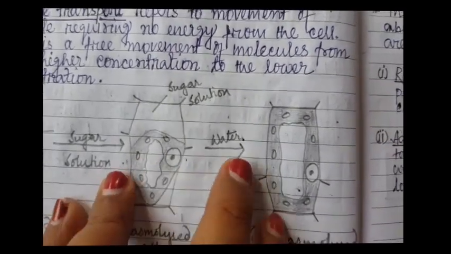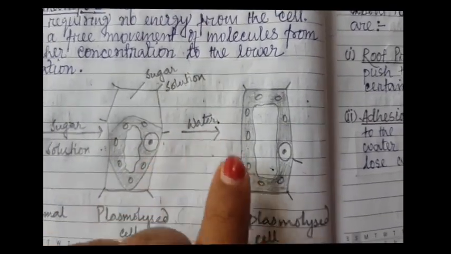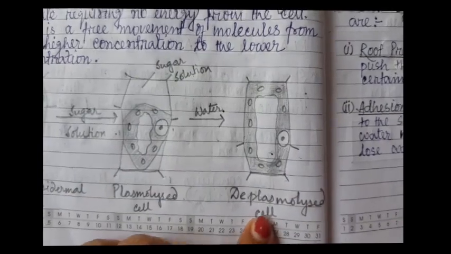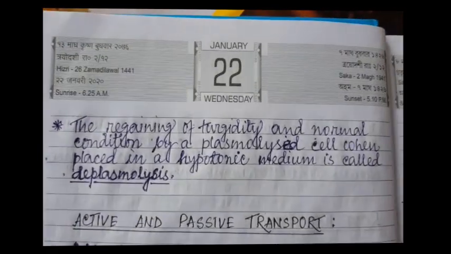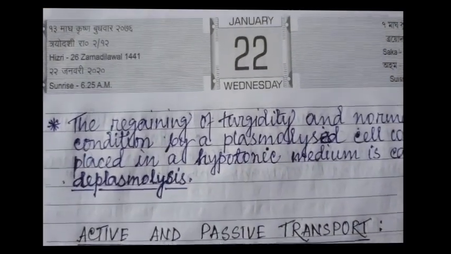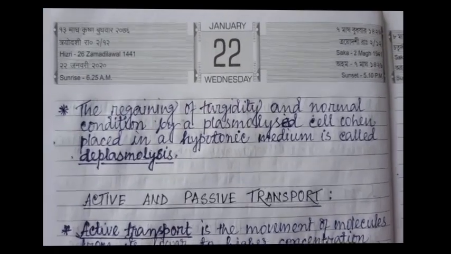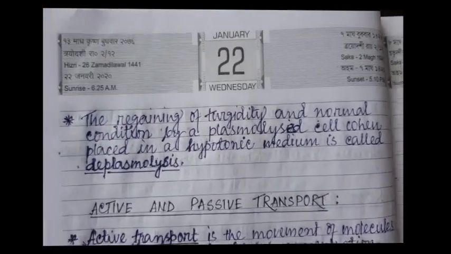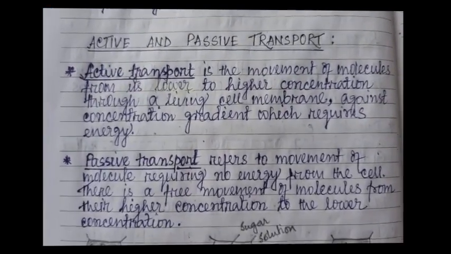Again, when the cell is put in water or any hypotonic solution, it regains its original position, and hence it is known as a deplasmolysed cell. So, the regaining of turgidity and normal condition by a plasmolysed cell when placed in a hypotonic solution is called deplasmolysis. Then we will study active transport and passive transport.